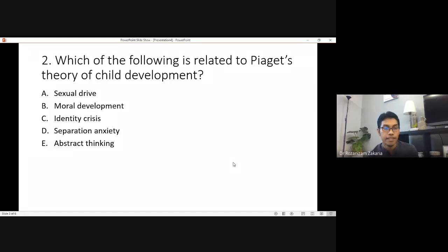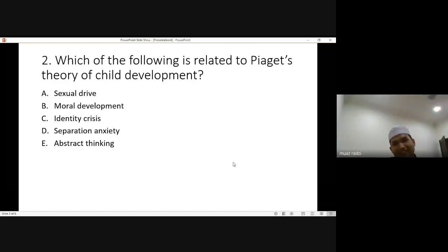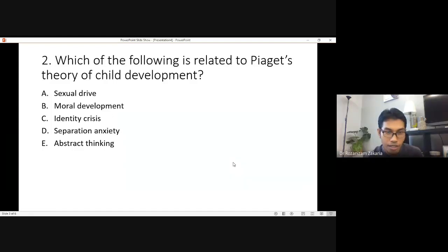Erik Erikson kan dia cakap tentang every stages tu ada dia punya virtues dia. So identity crisis ni masa adolescent. Separation anxiety, siapa cakap asal separation anxiety? Baru belajar tadi. Under attachment, siapa yang propose teori pasal attachment? Bowlby. Okay, Bowlby. Alright. So jawapan dia E, abstract thinking.